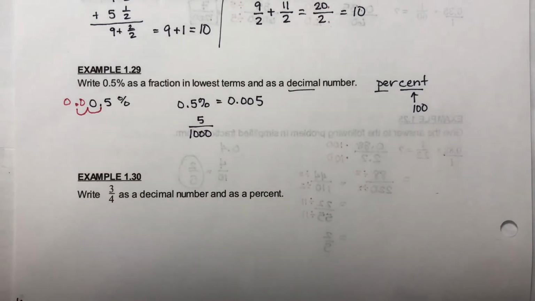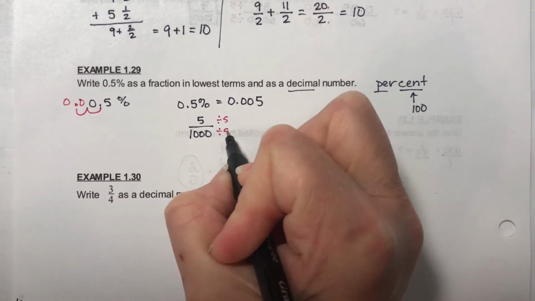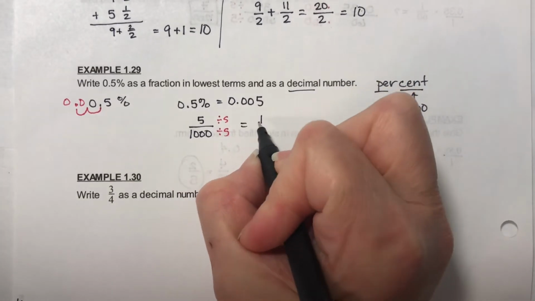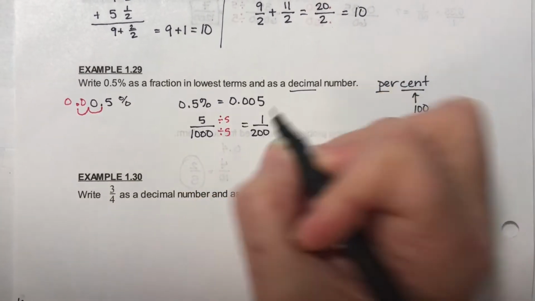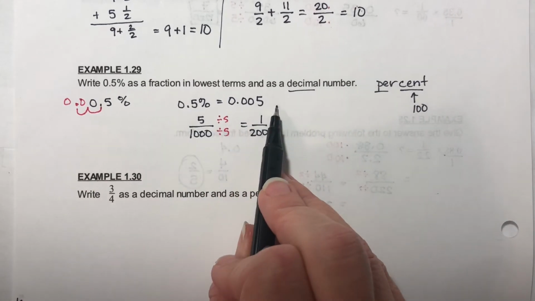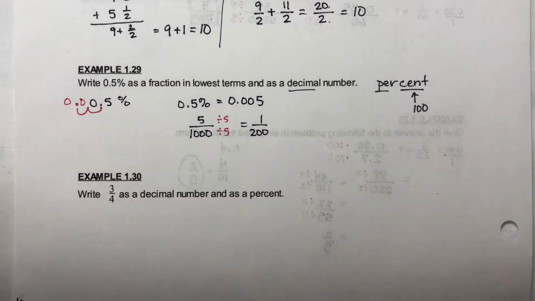And then I reduce this. Divide the top and bottom by 5, and you end up with 1 over 200. So 0.5% as a decimal is 0.005. 0.5% as a fraction is 1 over 200.